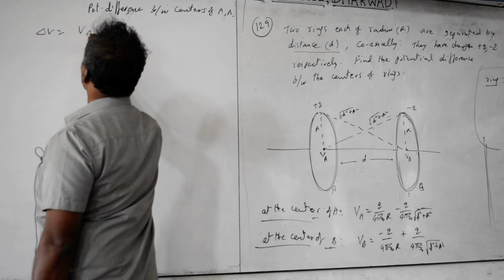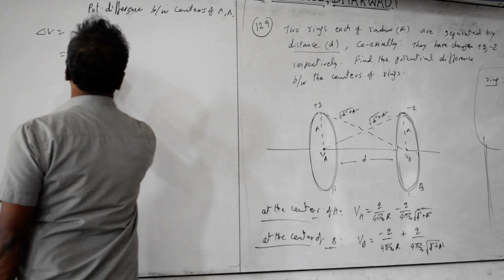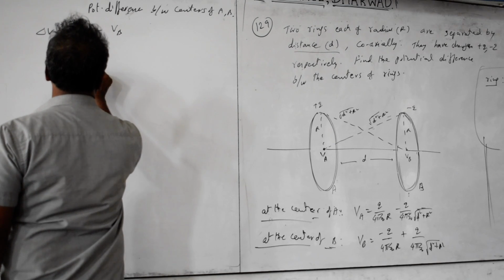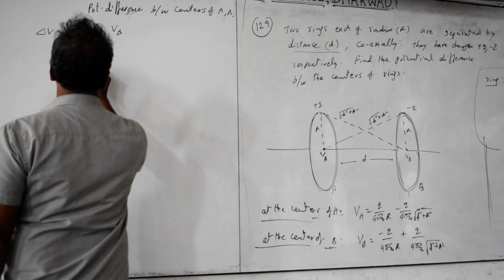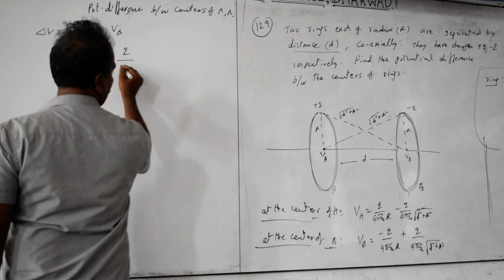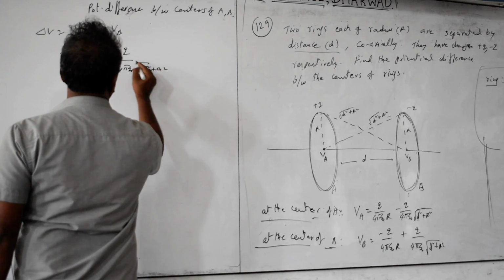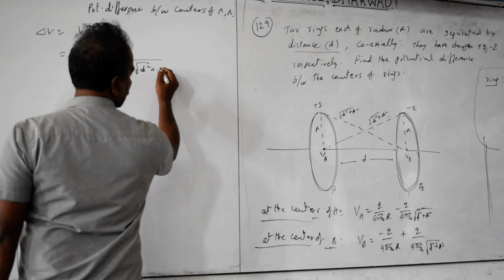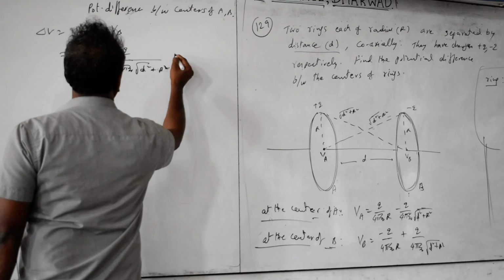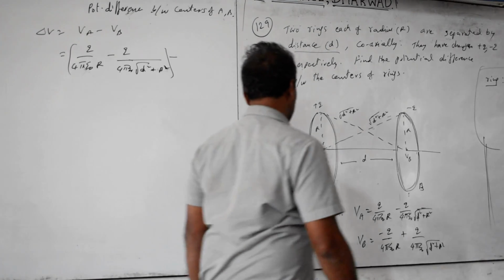Delta V equal to VA minus VB. VA is Q by 4 pi epsilon naught into R minus Q by 4 pi epsilon naught under root of D square plus R square, minus VB.